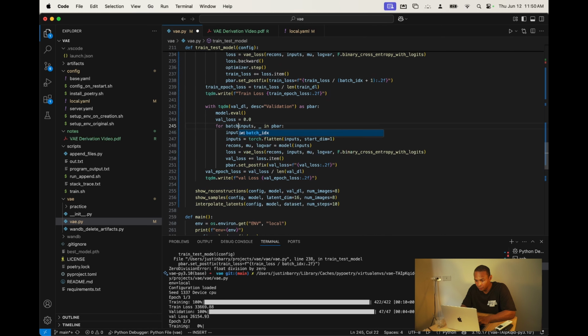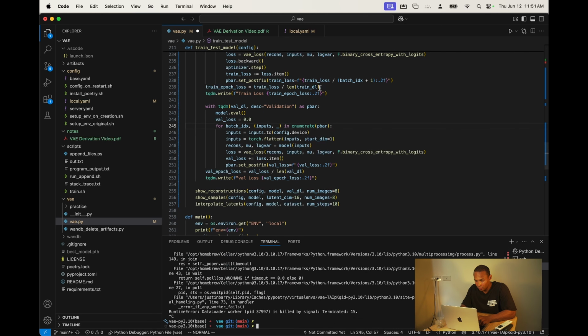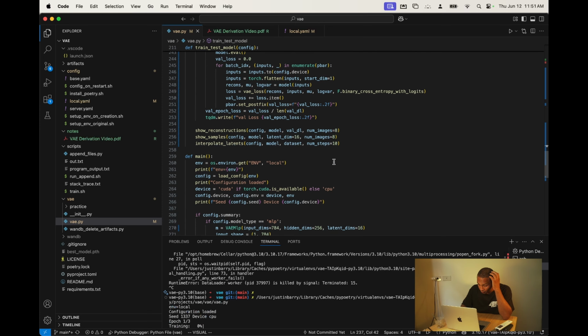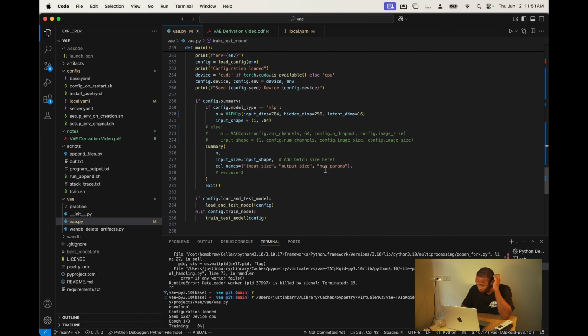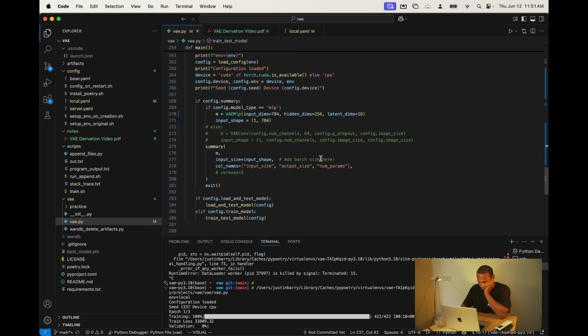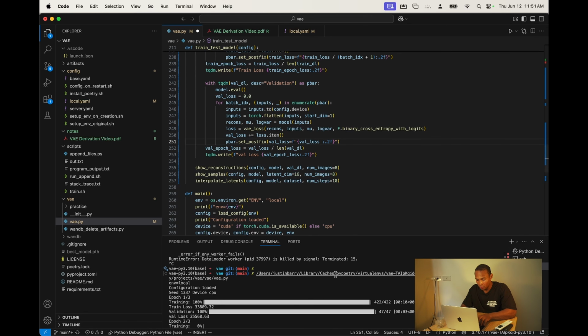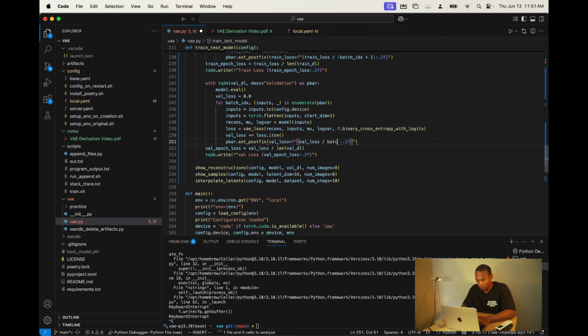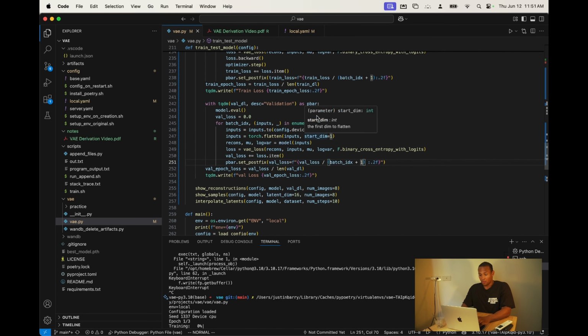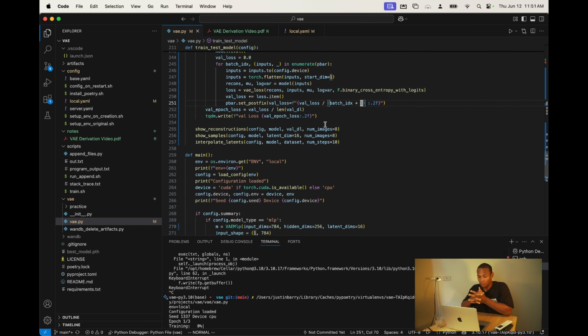We'll do the same thing. All right, so while this is running, just to make sure that they're both nice and neat, printing nice values.